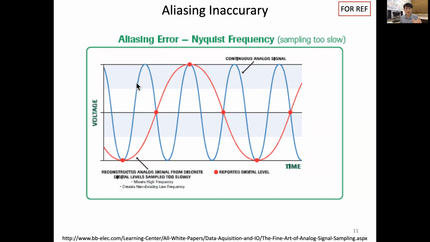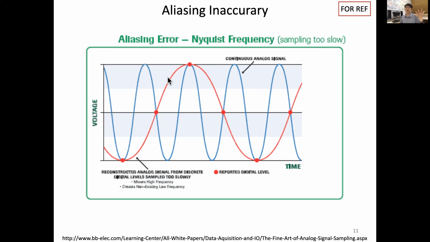But in practice, we are always limited by the sampling frequency, and the sampling has to be fast enough. When the sampling is not fast enough, like in this case, what will happen? Let's look at this dot, which is a sampling time. Here it hits, hits, hits, hits, hits. Then we only know these red points.